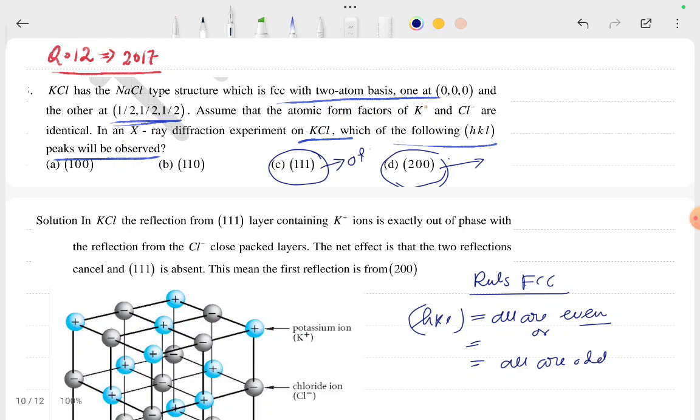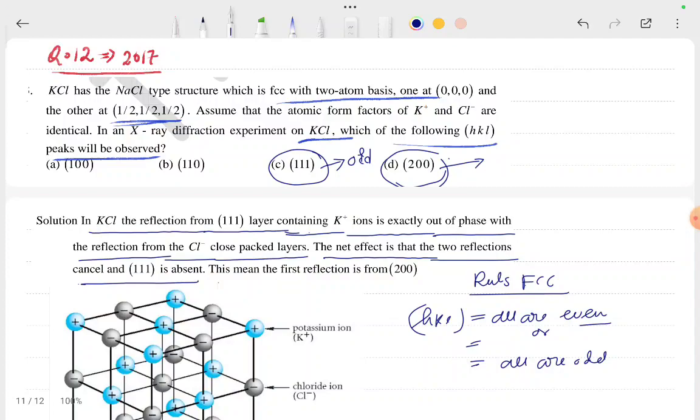But there will be one contradiction in KCl. In KCl, the reflections from one layer containing K plus ions are exactly out of phase with the reflections from the Cl minus close-packed layer. So the net effect is that the two reflections cancel and one is absent.